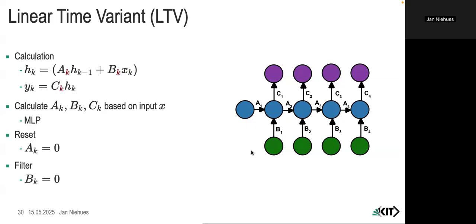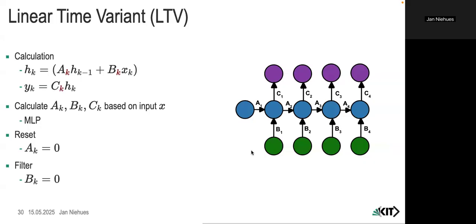Or we can filter out by having a B_k which is 0, because then this B is ignored. So we have the ability to do exactly this, to reset and to filter, and still do the parallel fast processing.